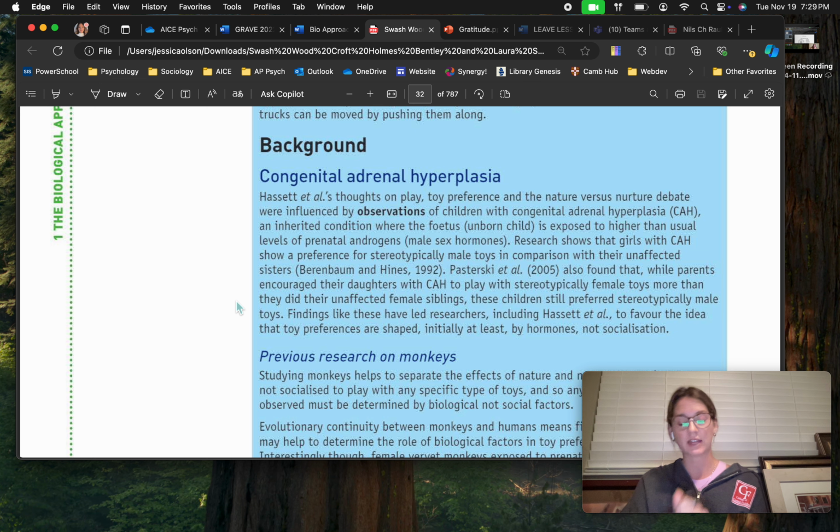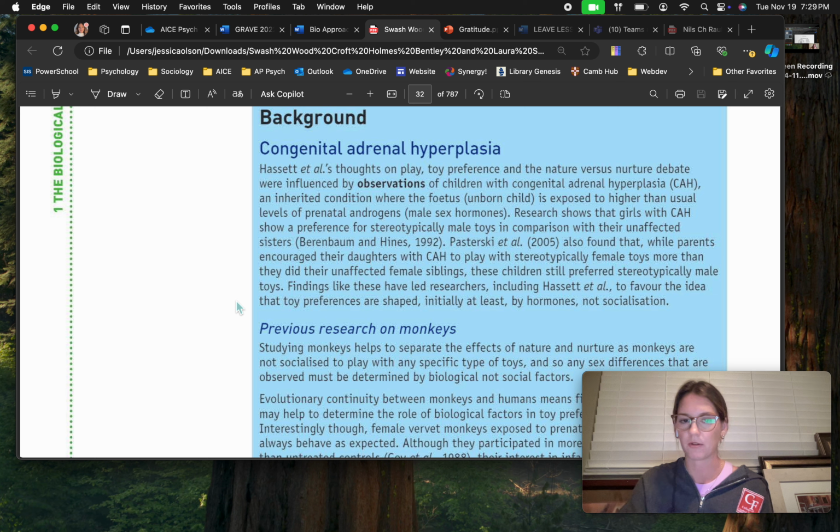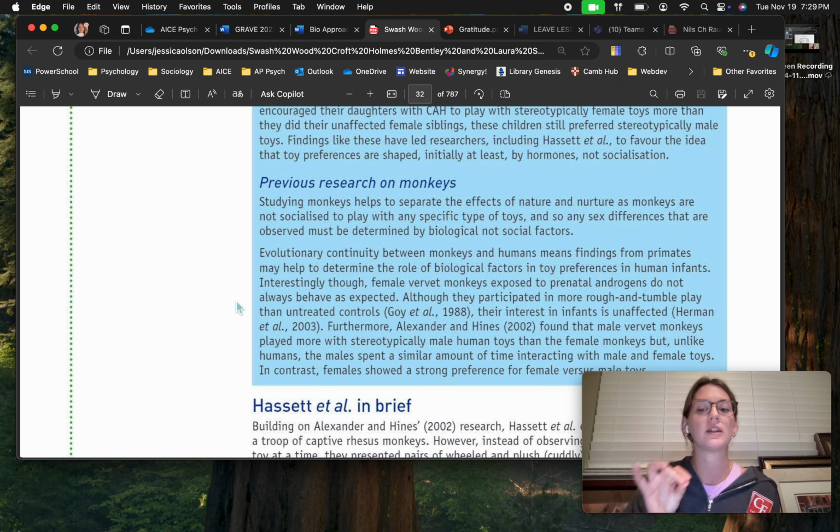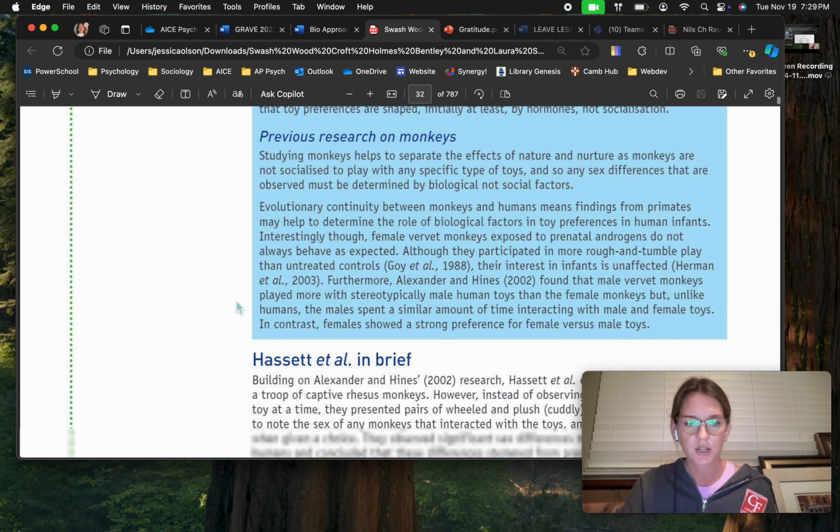And then they marked down how much they saw of each behavior from the behavioral categories. How do we know that it's a controlled observation? Because it was done in a lab. It was an observation in a lab with everything. The setting was controlled. The timing was controlled. The types of toys were controlled. Okay? We manipulated the whole situation and then just threw them in there and observed.